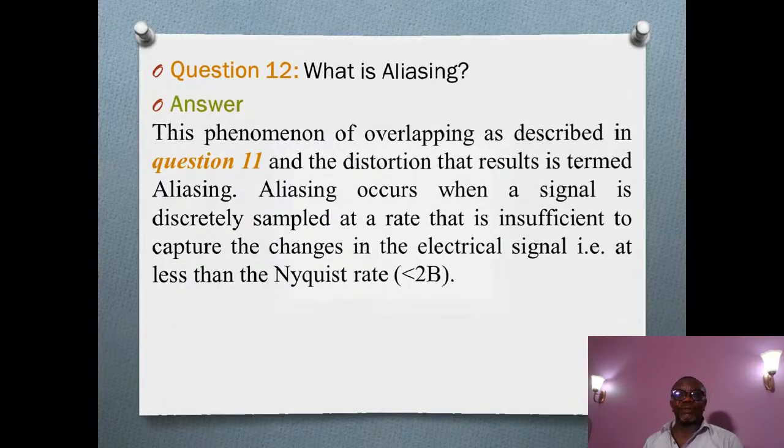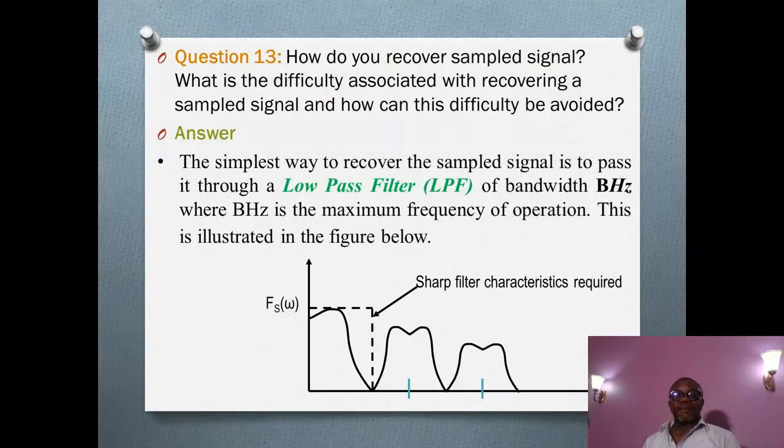Aliasing occurs. Now, how do we recover the sampled signal, what is the difficulty associated with recovering a sampled signal, and how can this difficulty be avoided? Let us recap quickly: when we are advised to sample at 2B, that is the Nyquist rate.